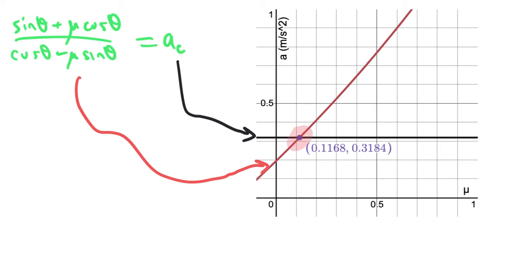And we can see that that gives us a value of 0.1168, which is the 0.117 that we had before. And so that's a way of avoiding all that terrible algebra.